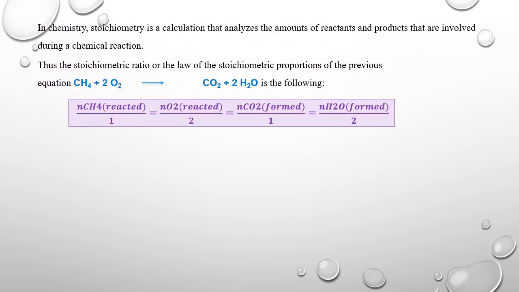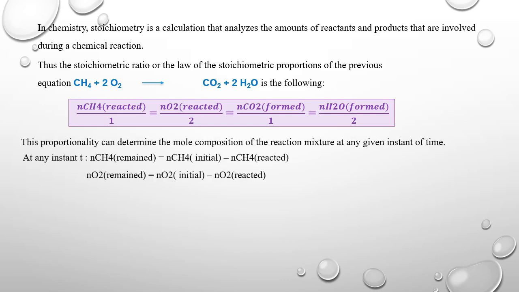Number of moles of CH4 reacted over 1 equal number of moles of O2 reacted over 2 equal number of moles of CO2 formed over 1 equal number of moles of H2O formed over 2.